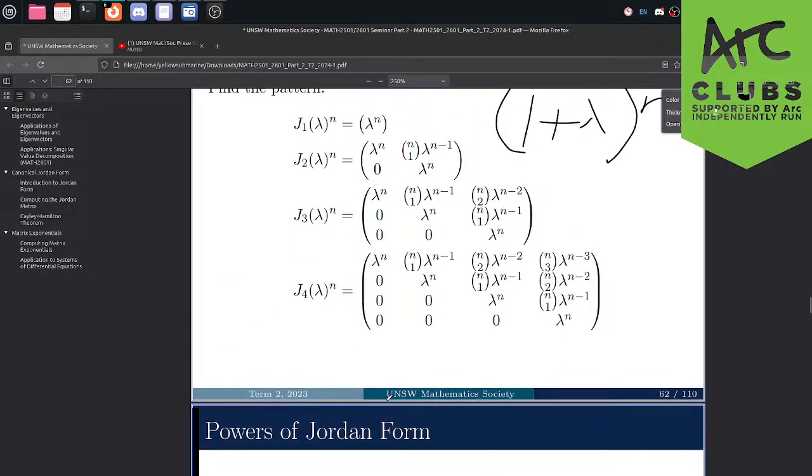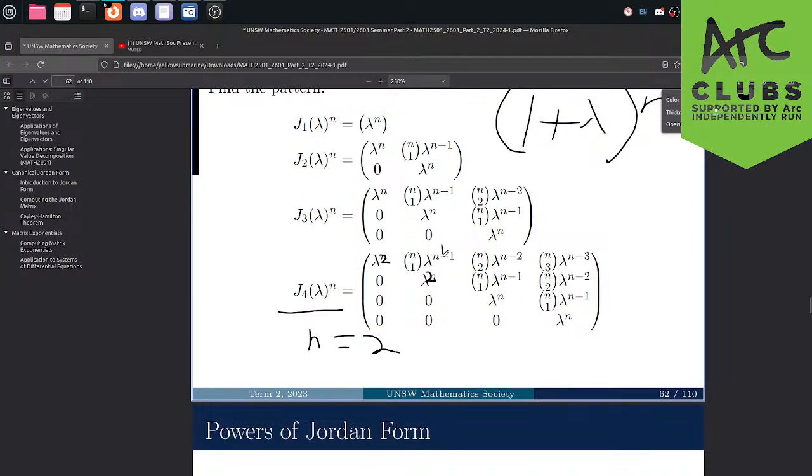So as an example, for J of lambda to the n, if we let n equal 2, this is all going to be fine. This is going to be squared. This is going to be taken to the power of 1. This is going to be 2 choose 2 times 1, which is just 1.